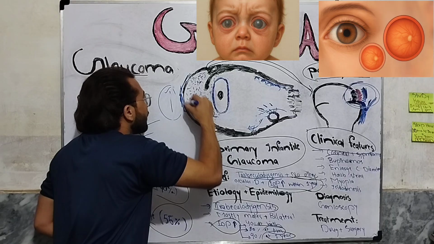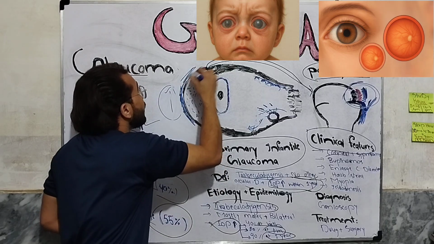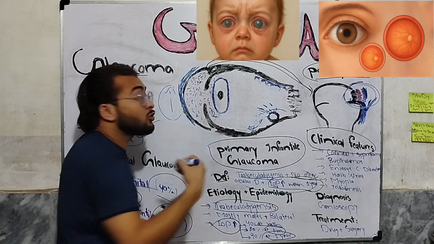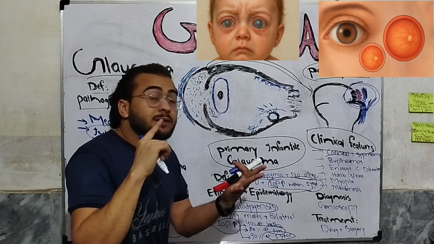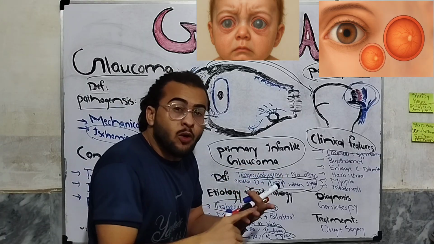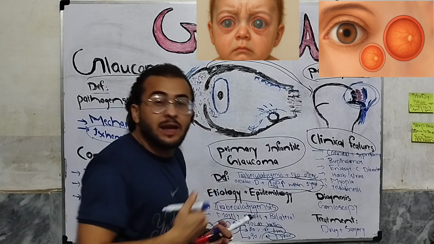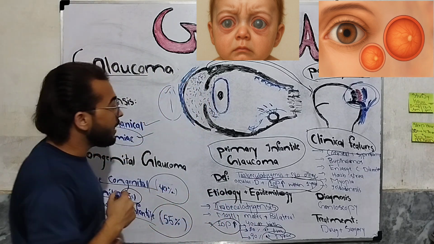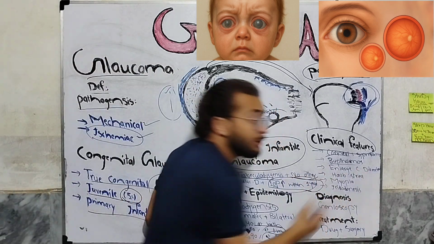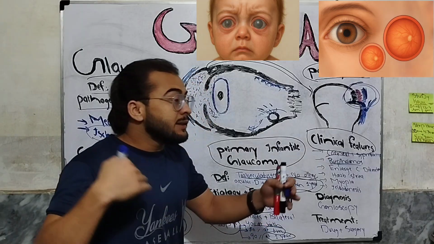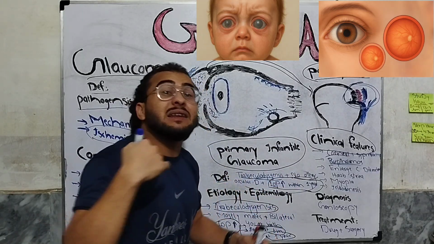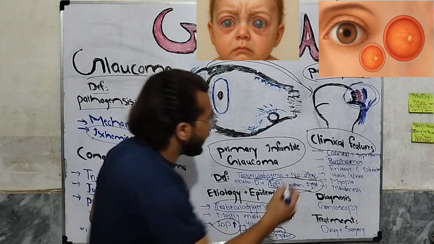With the corneal edema there will be associated symptoms like pain, photophobia, blurred vision, lacrimation, watery discharge, etc. And there will be buphthalmos. Buphthalmos means the eyeball enlarges abnormally.